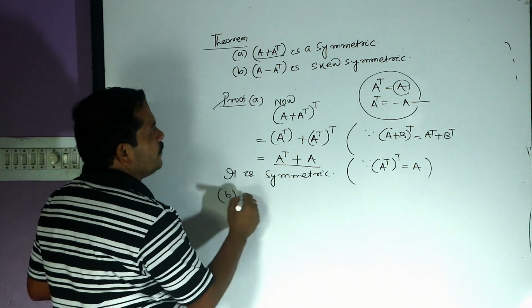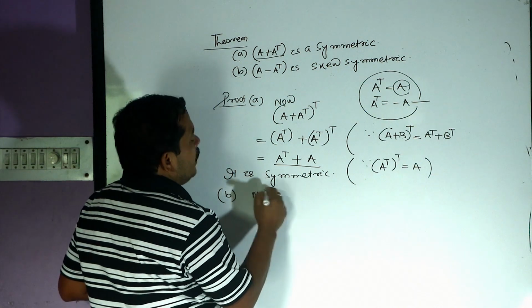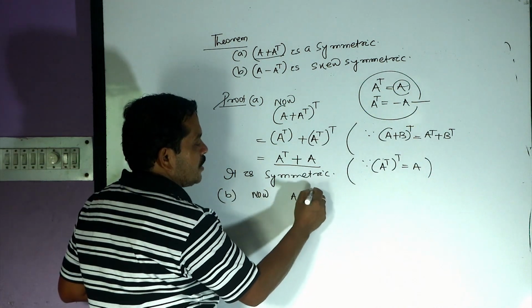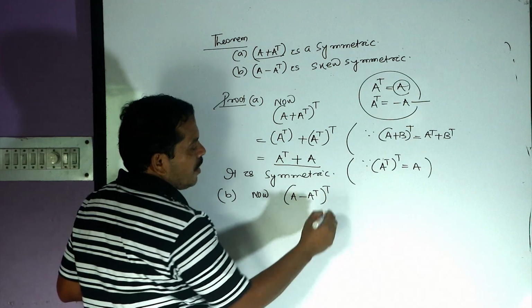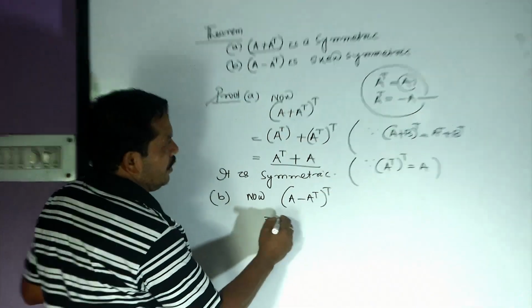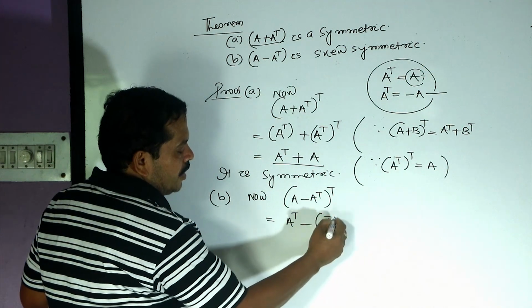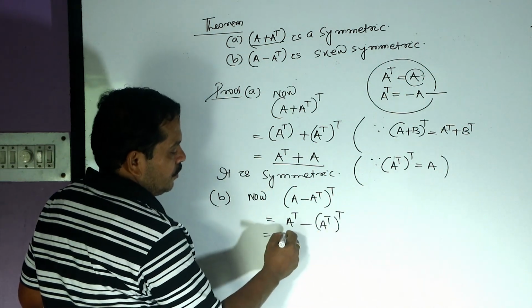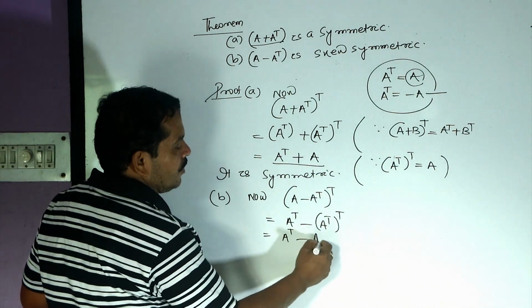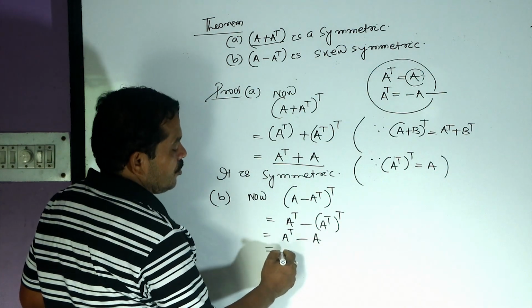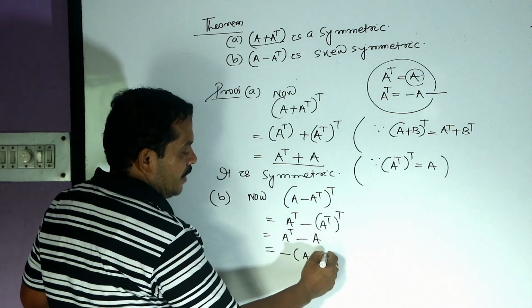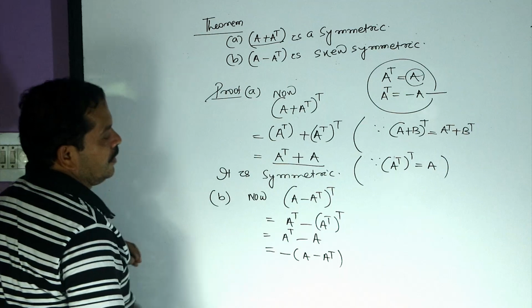Next bit. Now A minus A transpose, the whole transpose, equals A transpose minus A transpose of transpose, which equals A transpose minus A, which equals minus of A minus A transpose.